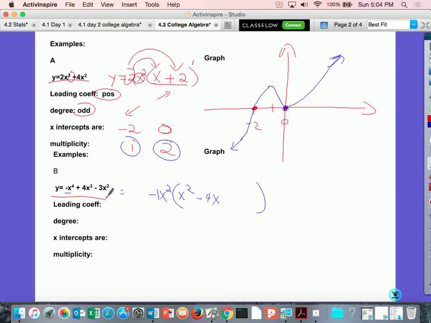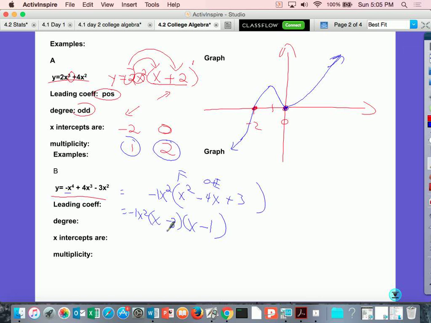And then you have +3. So that's your function, not quite in factored form yet. So let's factor this quadratic. x and x, front and front. The last terms have to multiply together to be 3, so 3 and 1, and they have to add together in the middle to be -4.